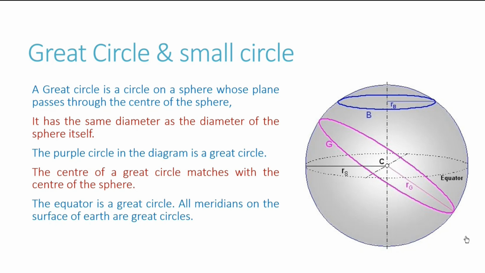So 2 points which are diametrically opposite, infinite number of great circles can pass through them. And if we have 2 points or 2 positions which are not diametrically opposite, there will be one and only one great circle which will pass from both those points.